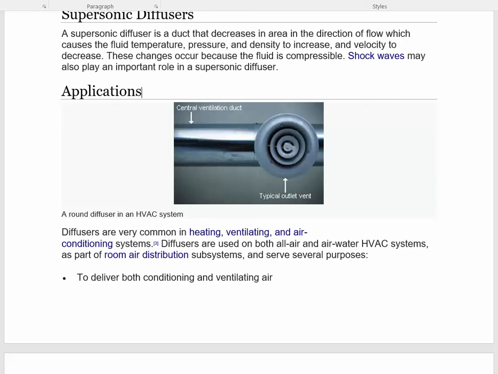As you can see, a typical vent in the diffuser and central ventilation duct.